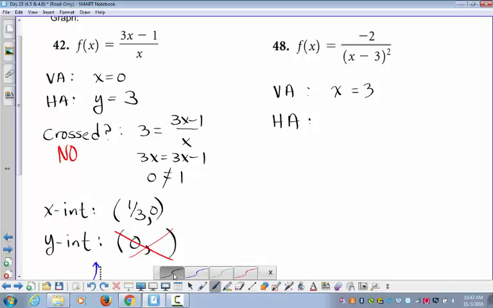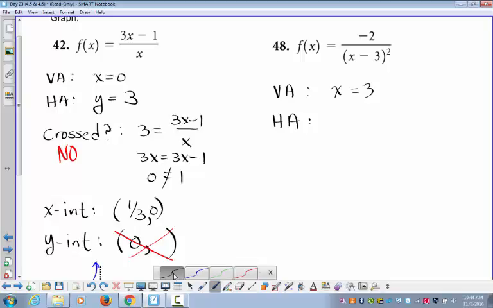So the horizontal asymptote? 0. Is everyone clear on that? So to get the other asymptote, we have to look at the powers. In the numerator, the power is 0. In the denominator, the power is 2. And if the power in the denominator is larger, if you try to divide, you get 0 for your quotient.